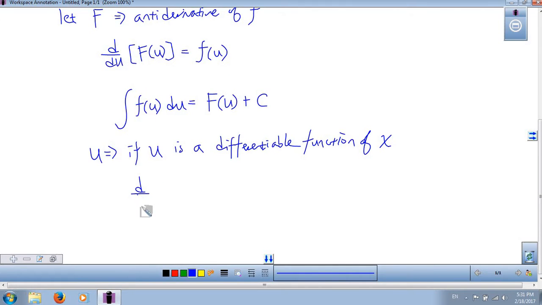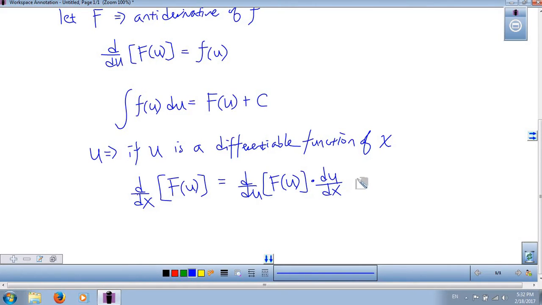When we take the derivative with respect to x of capital F of u, we apply the chain rule, because u is the inside function. So we take the derivative of capital F of u, and then we have to take the derivative of u with respect to x, which is du/dx. And the derivative of capital F of u, as we have seen, is just f of u. So this is the chain rule. We took the derivative of the outside function, which is capital F of u.